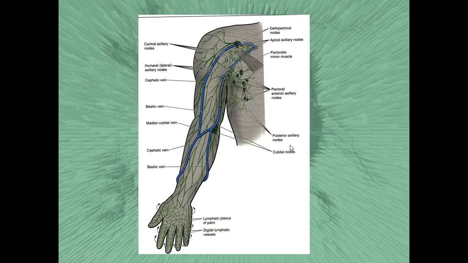Lymphatic drainage of the upper limb is also very well developed. It starts from the capillary network in the skin and in the muscles of the upper limb. Then lymph is collected into the lymphatic vessels, which carry it to the regional lymphatic nodes. The first group of the regional lymphatic nodes is represented by the cubital lymphatic nodes located in the cubital fossa.